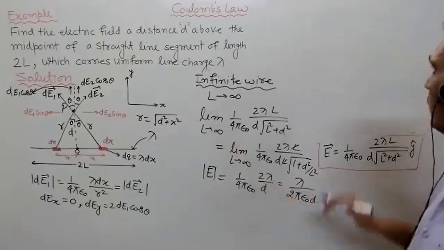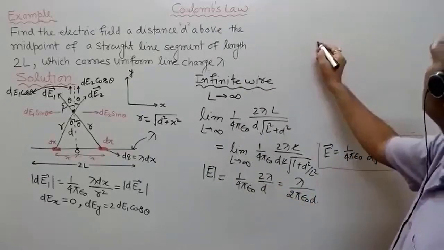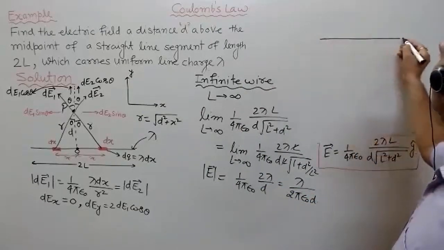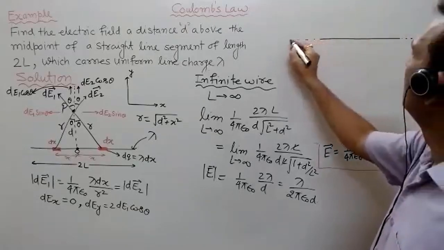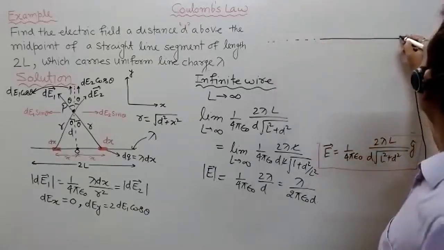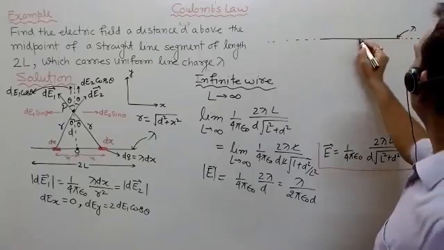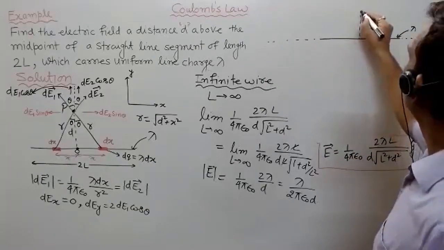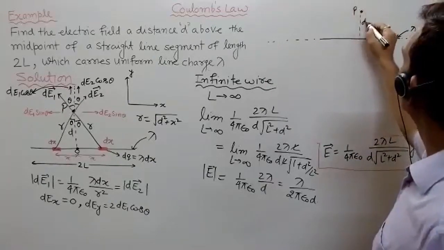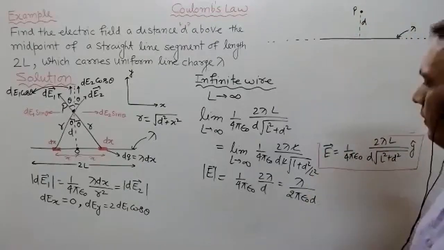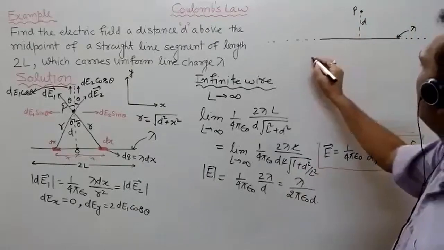So now you can see the wire is infinite. Its charge per unit length is lambda, and you have to see what will be the electric field at point P, that is d distance away. So this is the electric field.